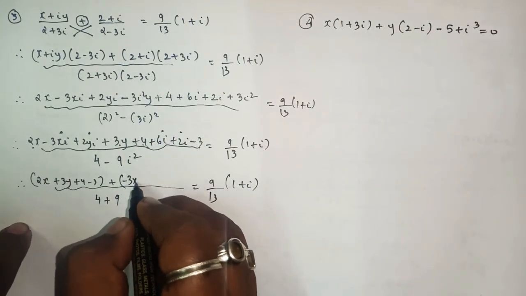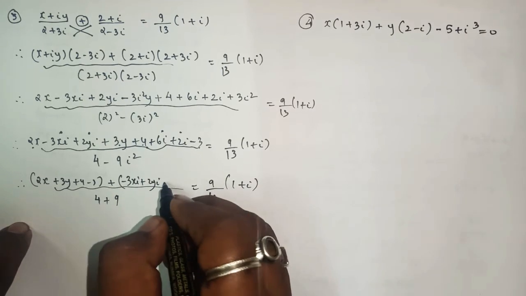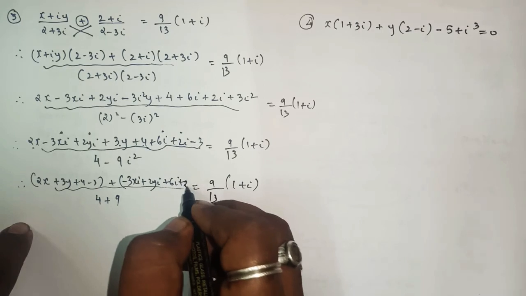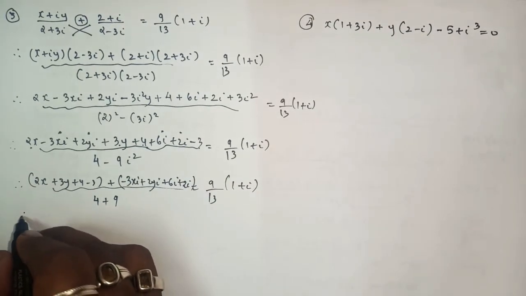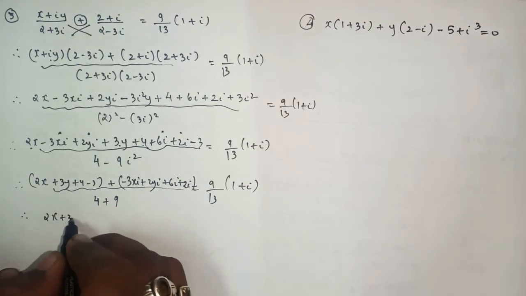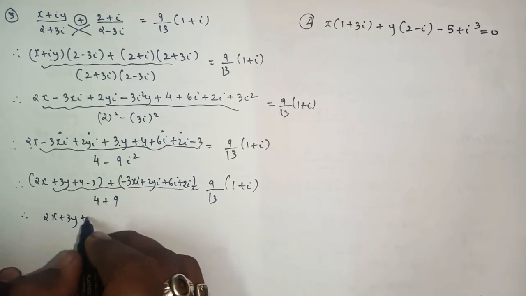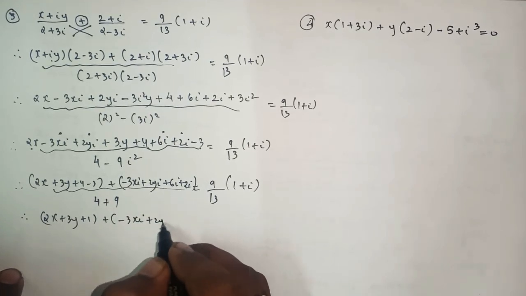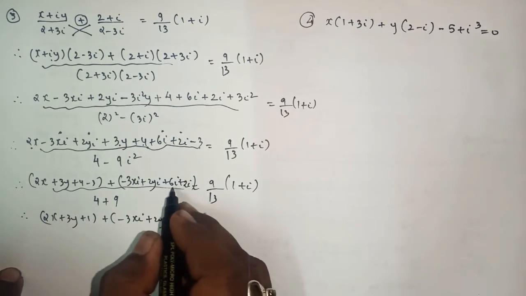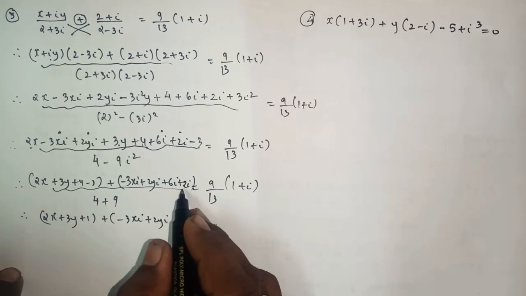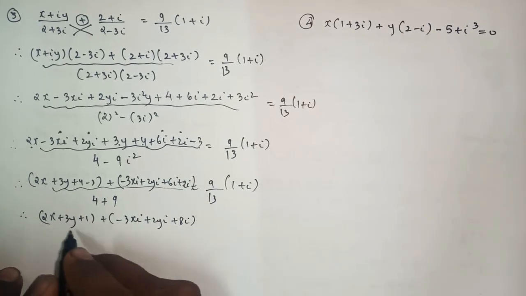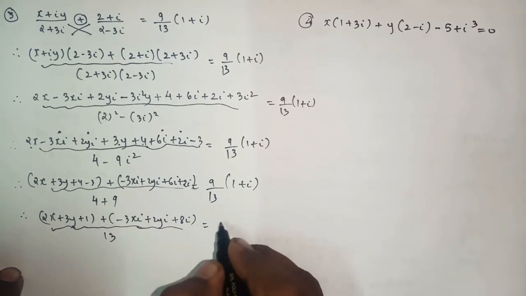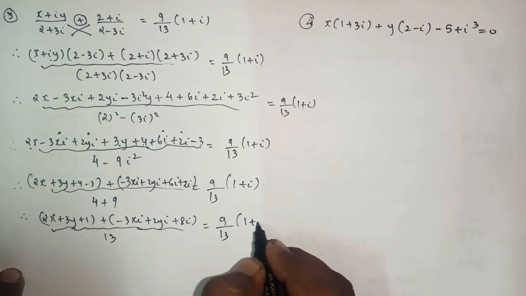So minus 3xi plus 2yi plus 6i, yes or no, plus 2i. So in the next step, 2x plus 3y, 4 minus 3, here you will get plus 1, minus 3xi plus 2yi, as here clearly we can see that these two terms are like terms, yes or no? So 6 plus 2 we can write as 8i, upon 4 plus 9, it is 13, equals to 9 upon 13, 1 plus i, yes or no?